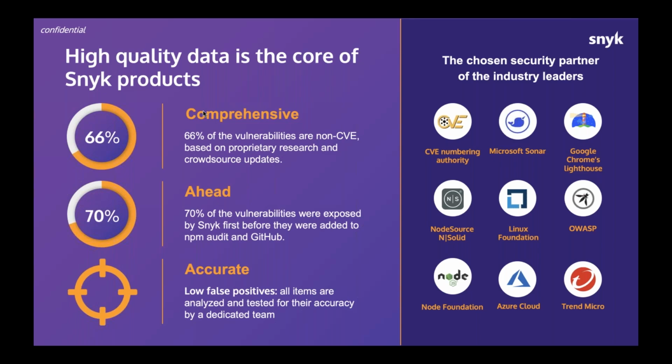So if I need to sum up this section: we said we need a dev first and an automated tool, and this was really about the approach Snyk took in implementing that. So what are the main principles of that implementation?